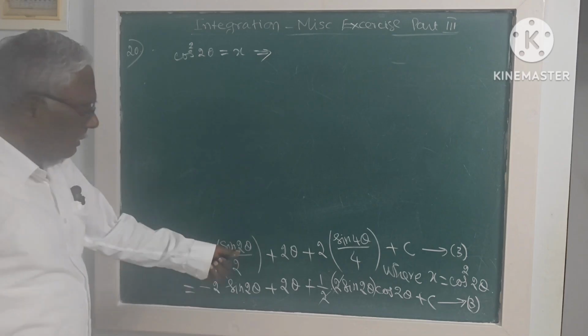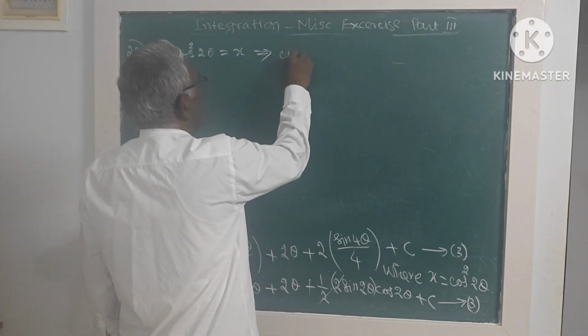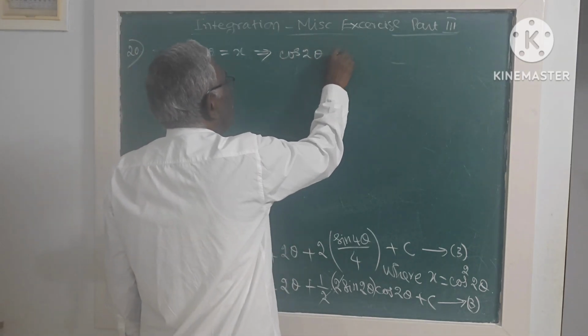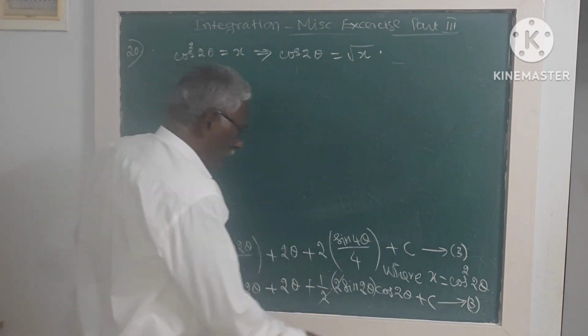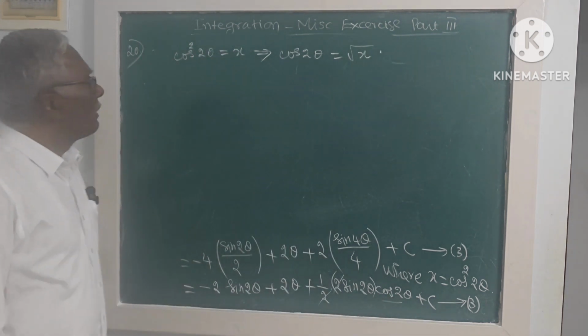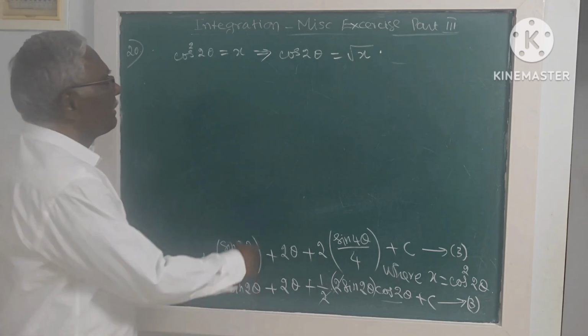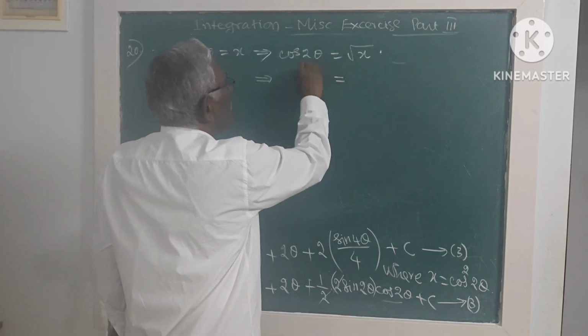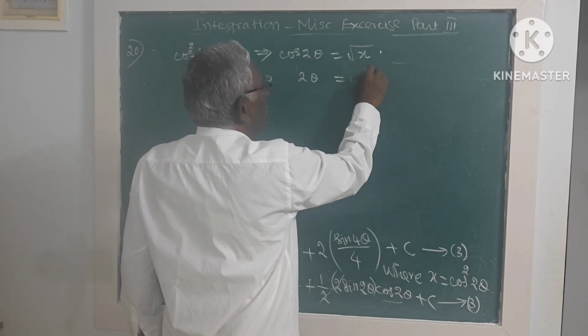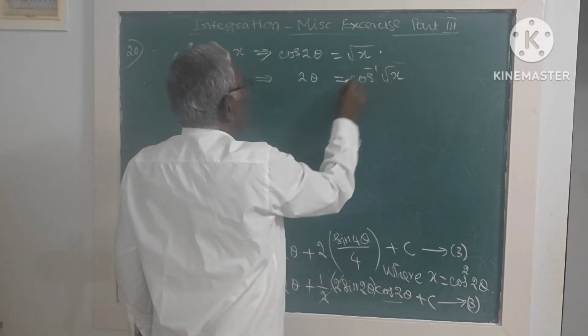So this gives cos 2 theta is square root of x. So this value we have found. Theta value we have to find. So this gives 2 theta is equal to cos inverse root x.